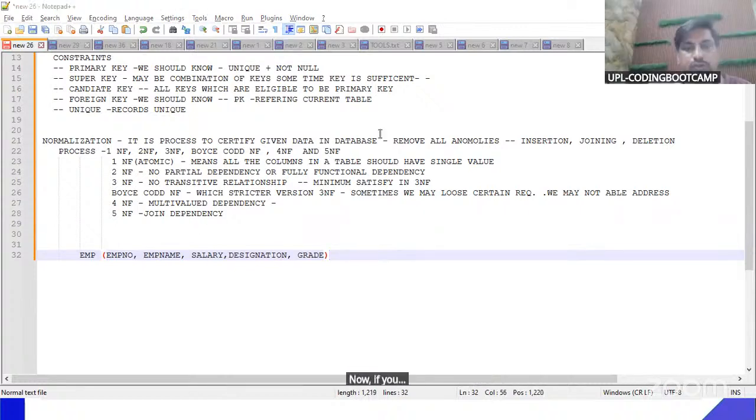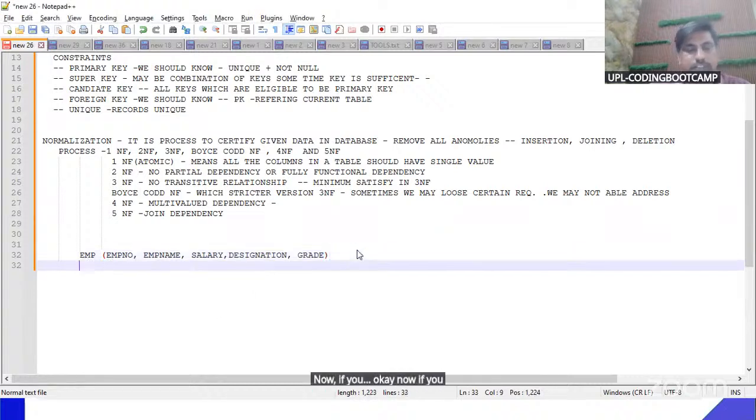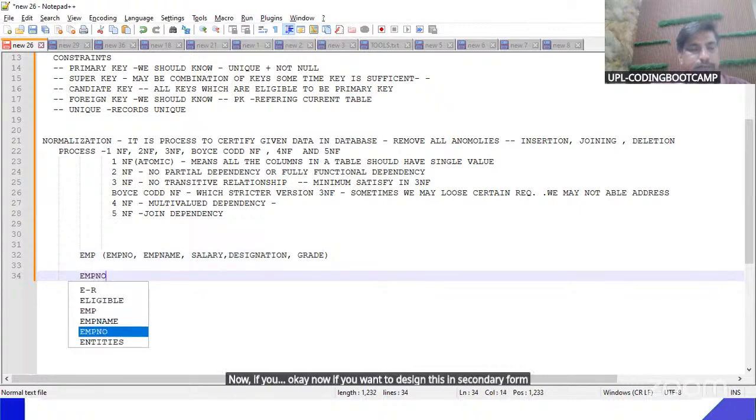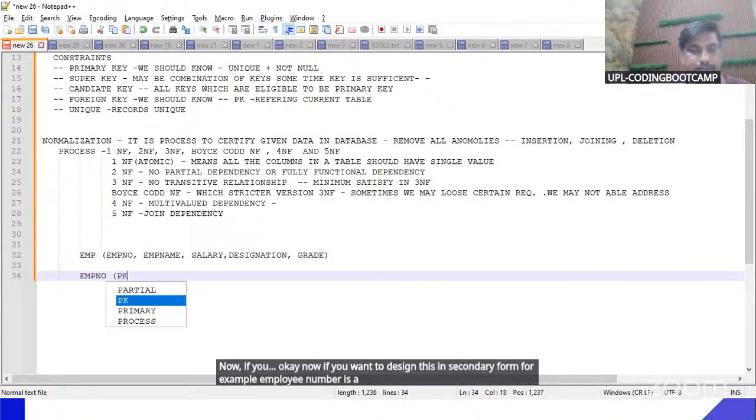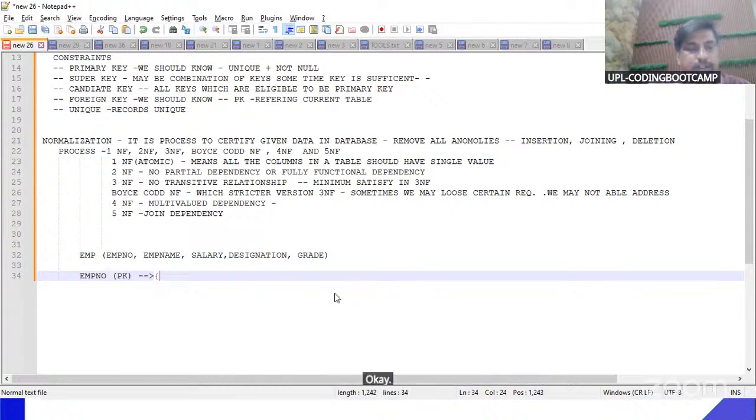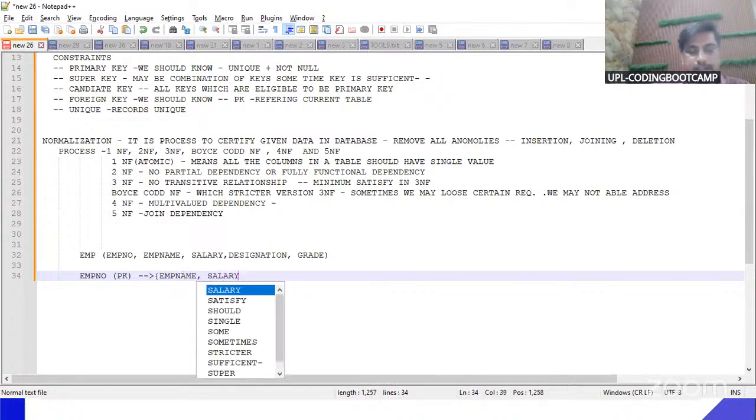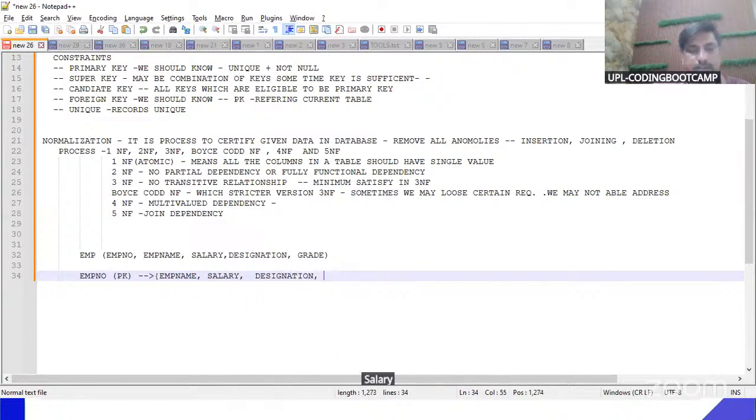Now if you want to design this in second normal form, for example, employee number is a primary key, then there is employee name, salary, designation, grade.